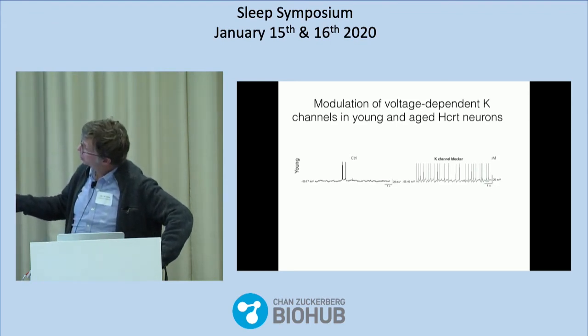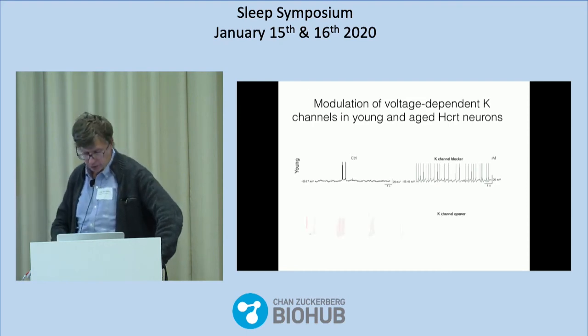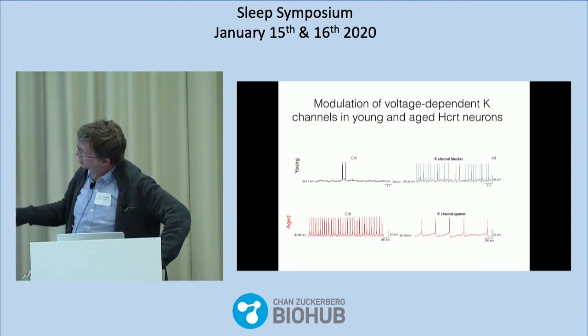So these are young neurons treated with a potassium channel blocker, which increases the excitability, and this very much looks like an aged firing profile. And conversely, this is the trace of an aged hypocretin neuron.